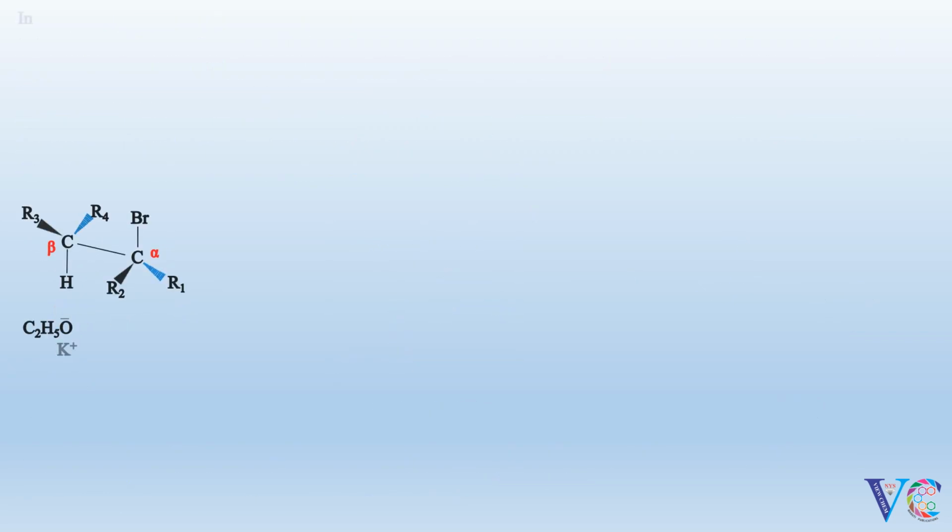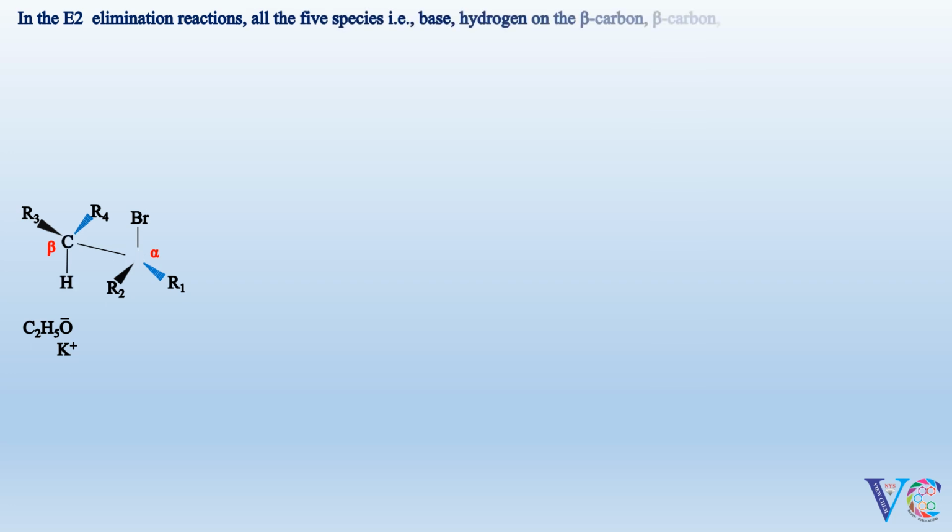In E2 elimination reactions, all the 5 species, that is, base, hydrogen, beta carbon, alpha carbon, and the bromine, should be in the same plane.